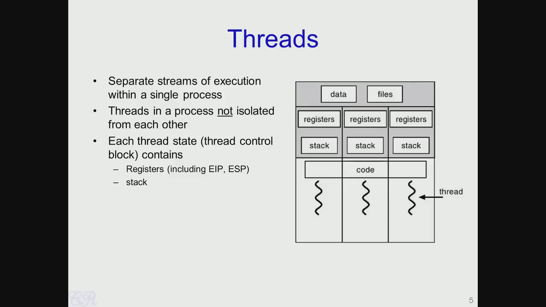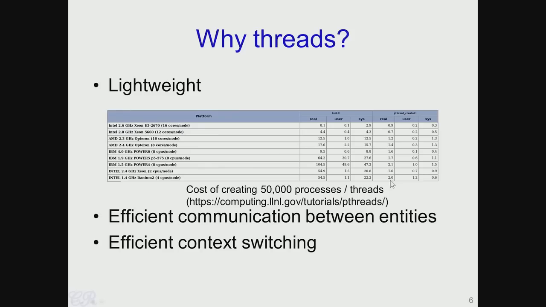Now, what is the major advantage of having threads over processes? This is actually seen from this particular slide. Essentially, the most important difference comes from the fact that threads are extremely lightweight compared to processes. To take an example, let us have a look at this particular table, which shows the time required to create 50,000 processes using the fork system call, and it compares this with creating 50,000 threads on exactly the same machines.